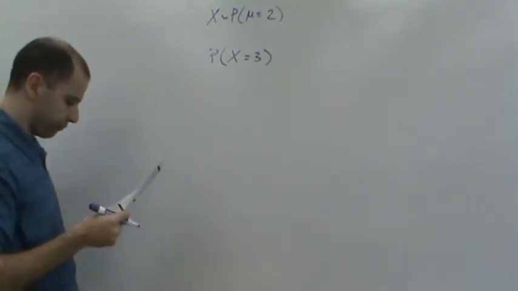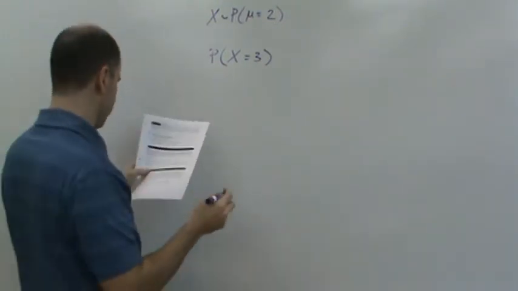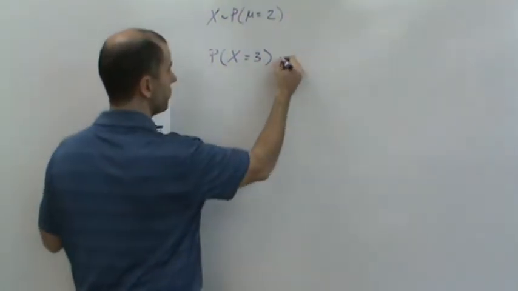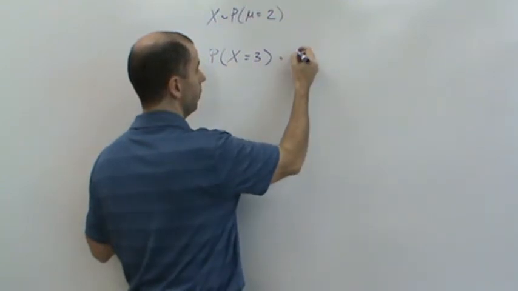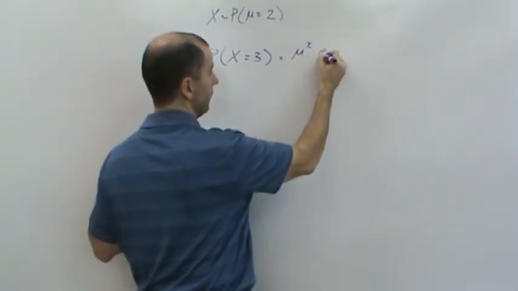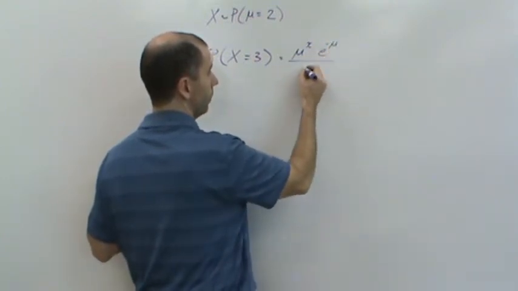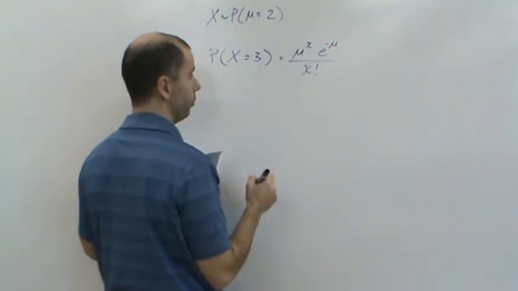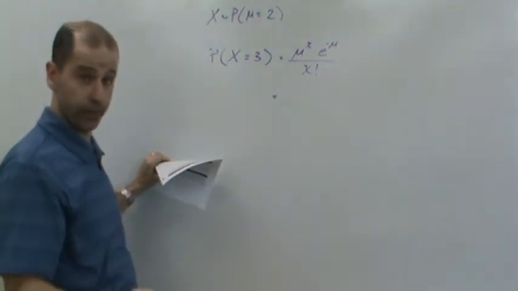Okay. So what do? Well, this is going to be equal to what? It's going to be equal to mu to the x times e to the negative mu over x factorial. So all we have to do is plug and chug because we know everything now.